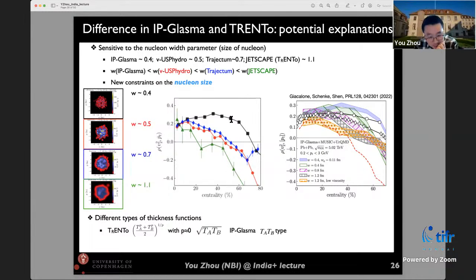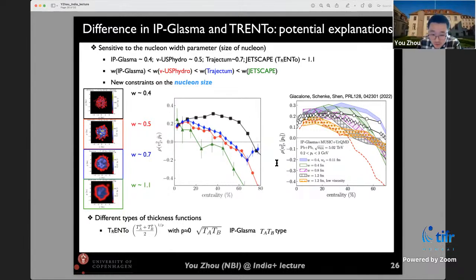Yes, but remember for all these calculations, all the calculations presented here can describe mean pT. So this is what I'm saying. If you want to constrain the initial condition, the size, it's not about mean pT itself. It's not only about the size itself. It's also about size fluctuations to the higher order.